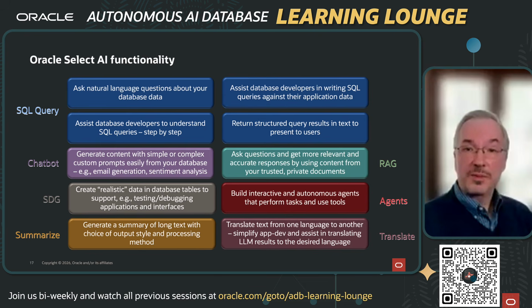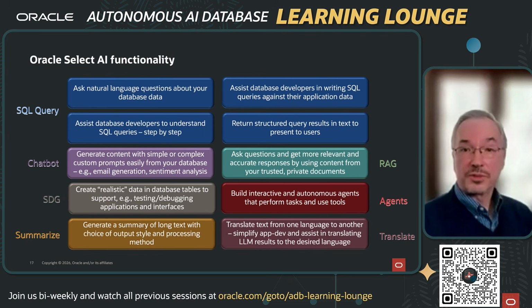The retrieval augmented generation, or RAG functionality, leverages Oracle AI vector search, enabling you to ask questions and receive more accurate, relevant responses powered by content from your trusted documents. Now, Select AI RAG automatically creates and maintains your vector index and automates the RAG workflow for you.